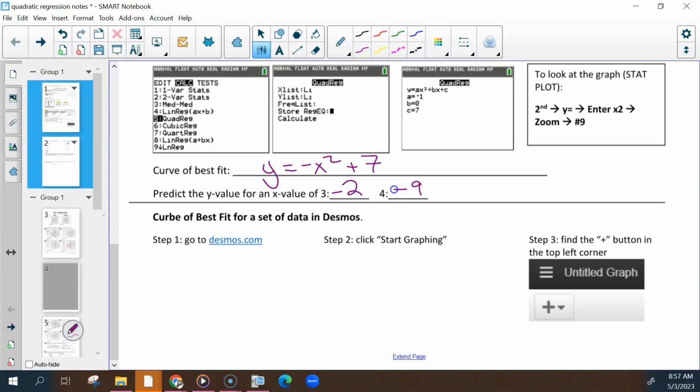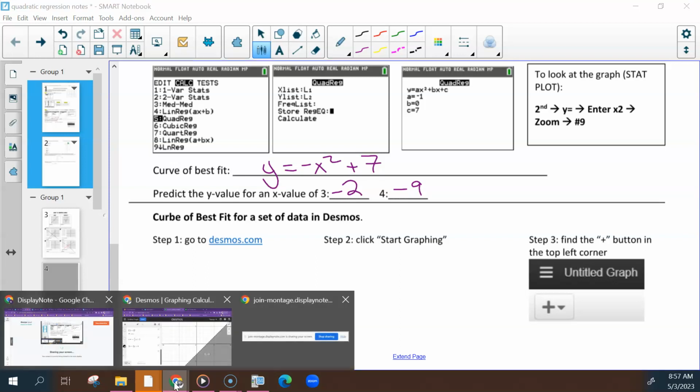The next piece is showing the same thing in Desmos. So those of you who have Desmos open, I'm going to do that same thing in Desmos.